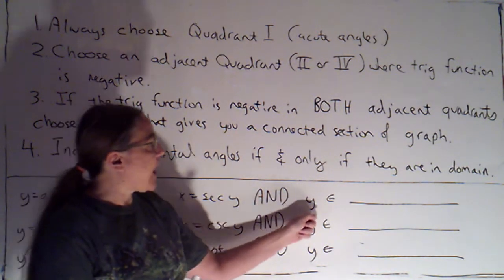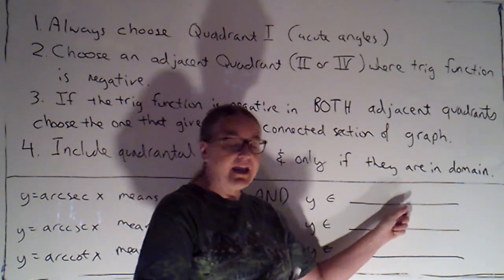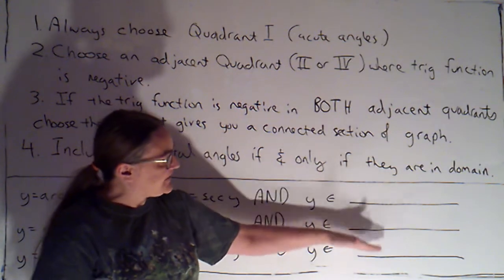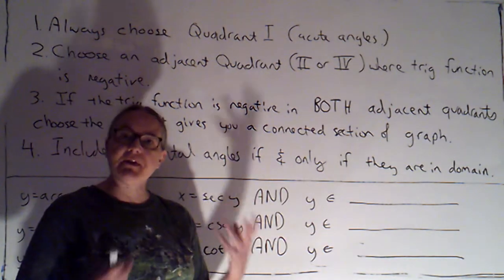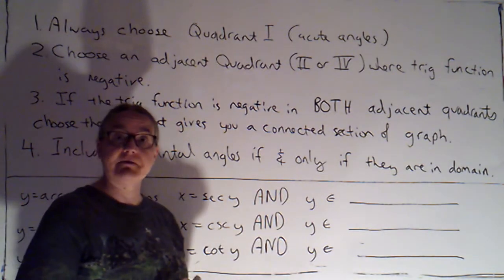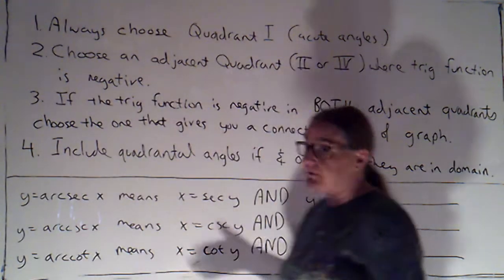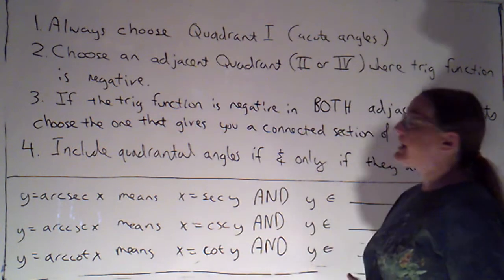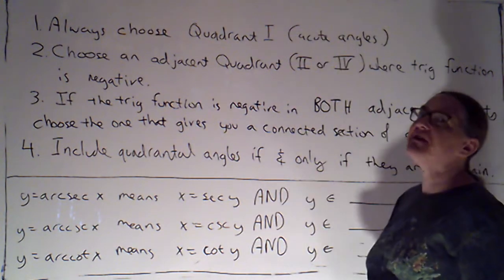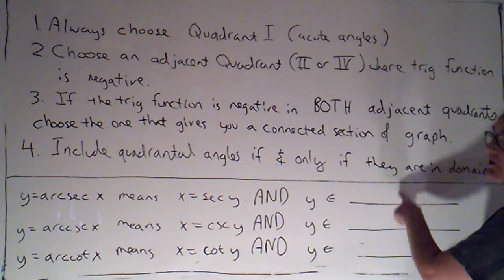So we're going to have that y is an element of, and what I want you to do in a moment is fill in these three blanks with the interval or intervals that we're going to get in these definitions. Now, they're definitions, but instead of telling you what the answer is, I'm giving you the rules by which we decide what these intervals will be.